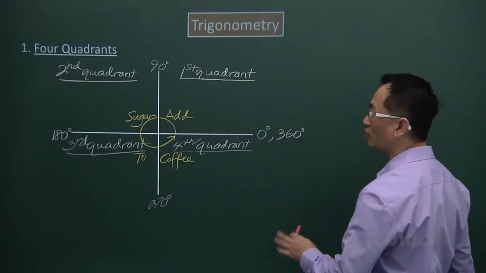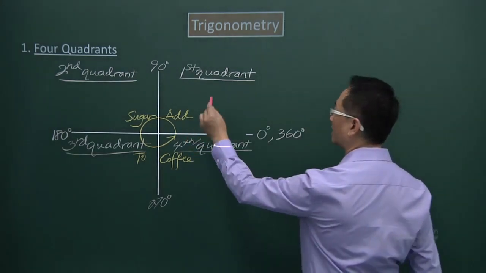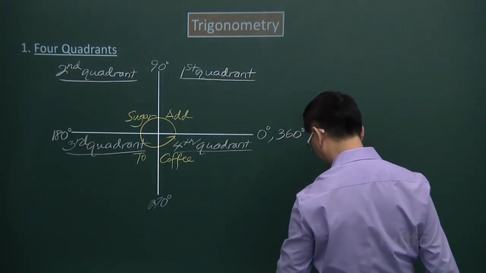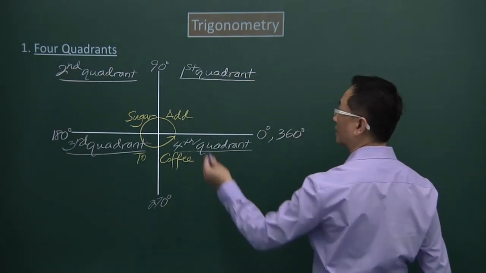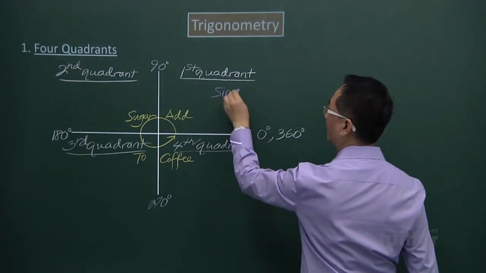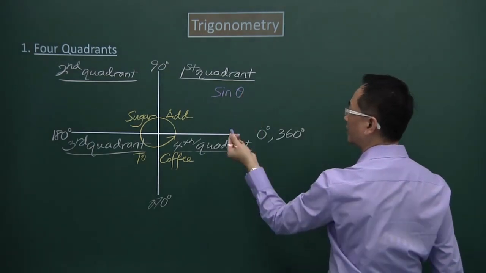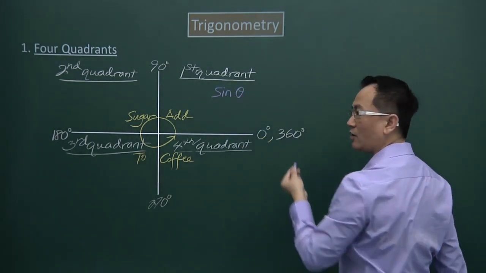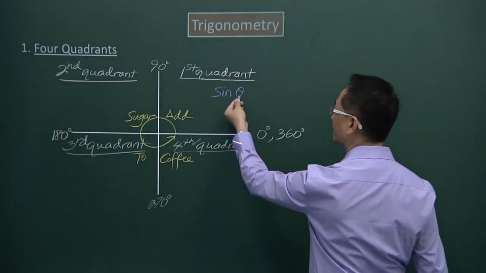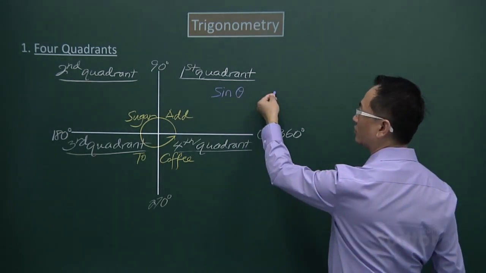And the idea I'm looking at here is the sine function. If I name theta as the first quadrant angle, sine theta will give me a positive value.